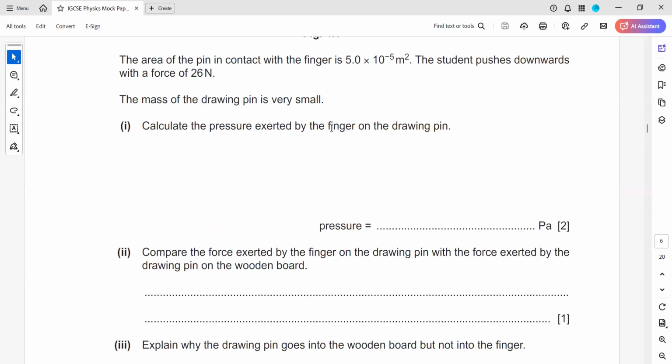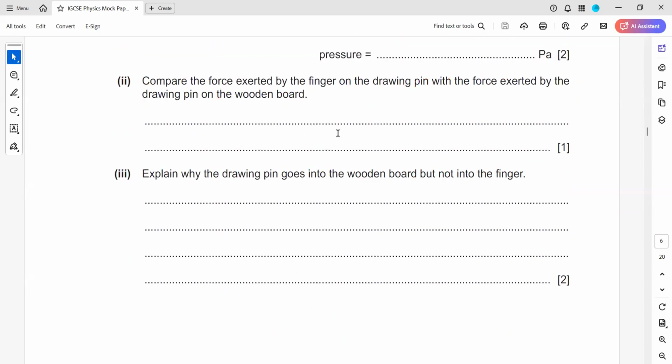So when you substitute the exponent, substitute it correctly. Compare the force exerted by the finger on the drawing pin with the force exerted by the drawing pin on the wooden board. When you compare the force, it's not about the pressure, it is about the force.